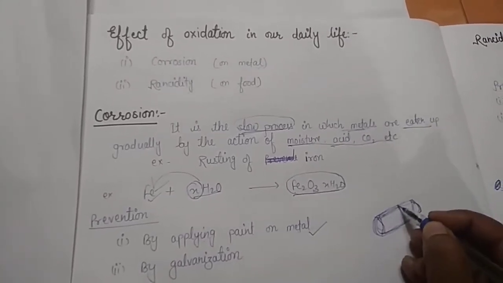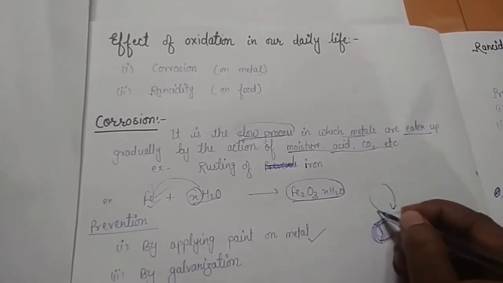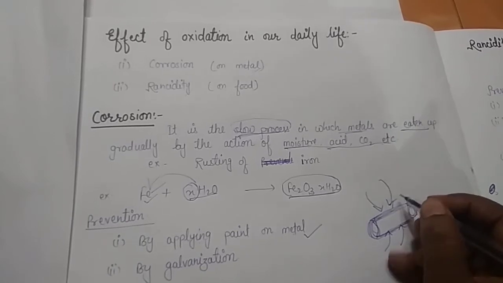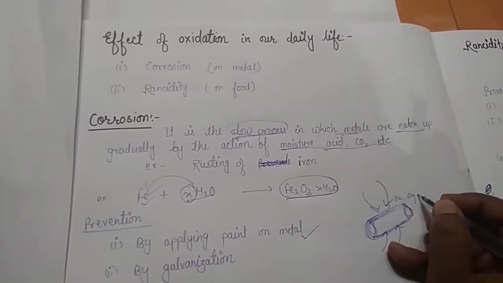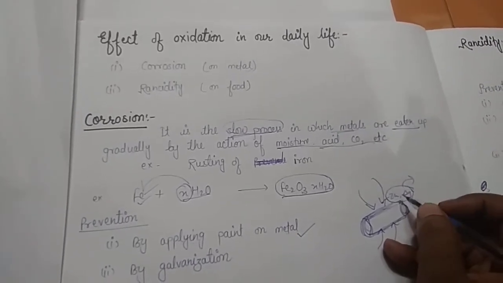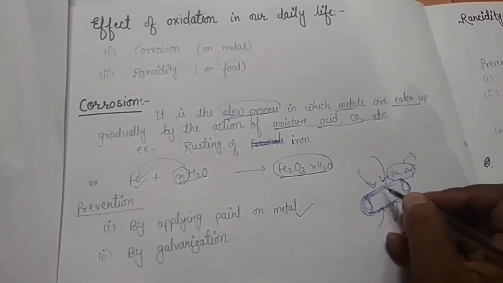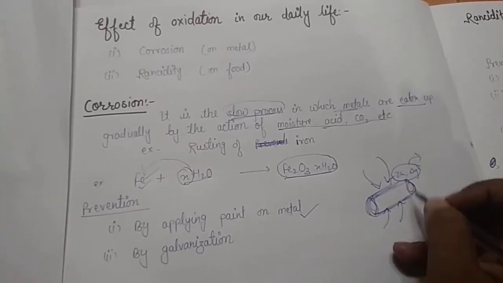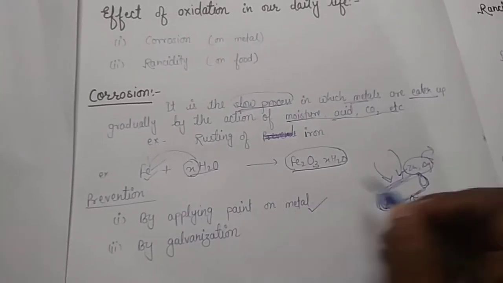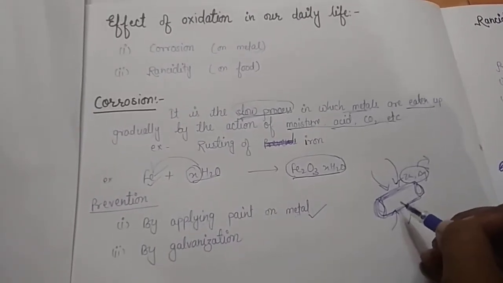So when it is painted, moisture and acid will attack the layer. If there is zinc or silver, it combines with oxygen and forms silver oxide or zinc oxide. Being less reactive, the oxygen will not enter inside the metal, so our metal will be safe. Clear, children? So by applying paint on metal, water and moisture will not come in contact with the metal. That is why we can prevent corrosion.